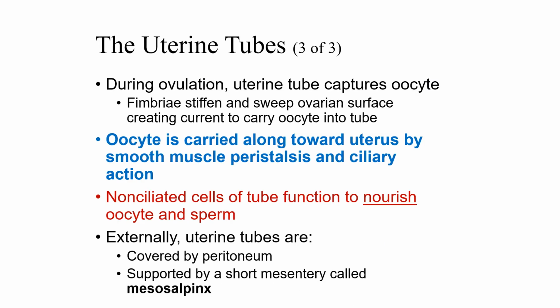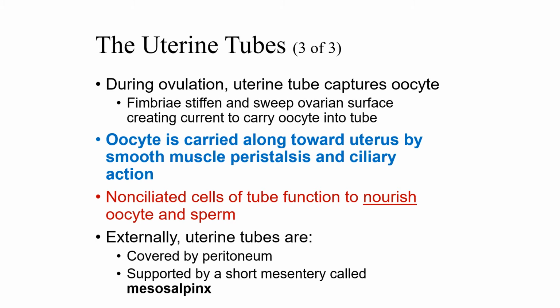All right. So, as I told you, the little ova gets extruded from the ovary. The uterine tube captures it. It sweeps it along the ciliated cells inside the uterine tube, which sweep the egg down toward the uterus.